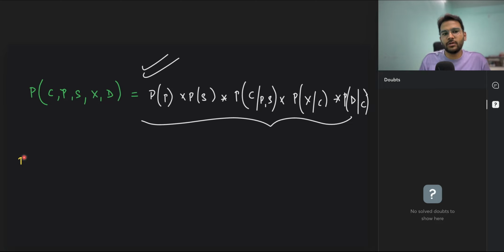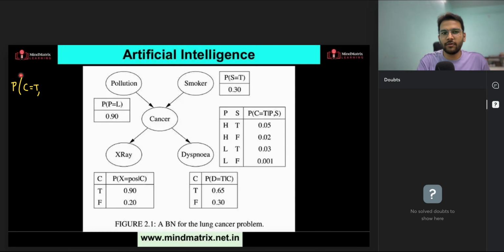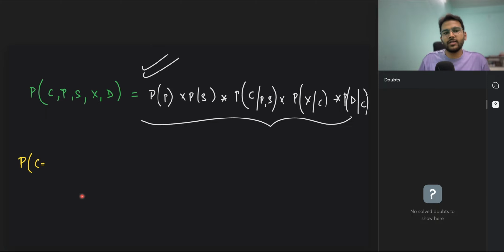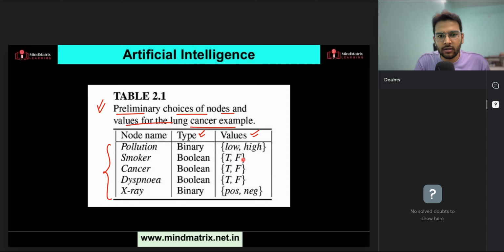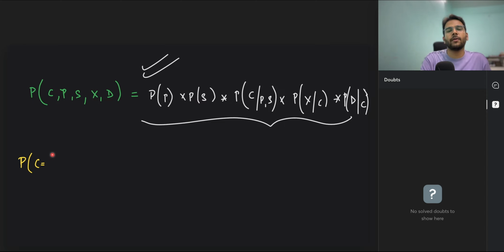Let's say if I ask you a simple question: what is the probability that cancer is positive? Here true and false is there, and high and low is there. Pollution has high and low, X-ray has positive and negative, and the rest are all true and false.